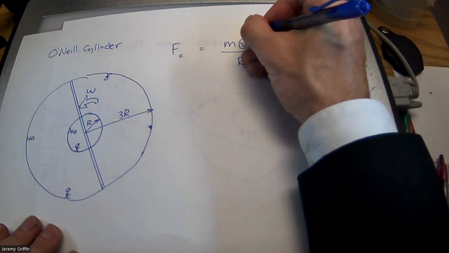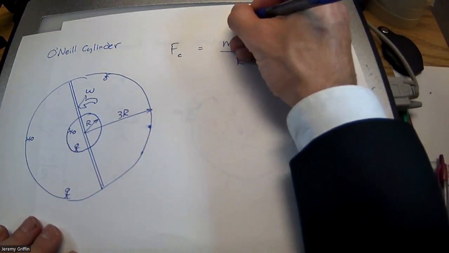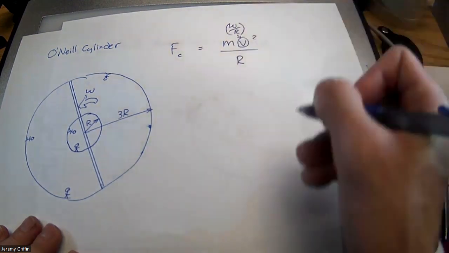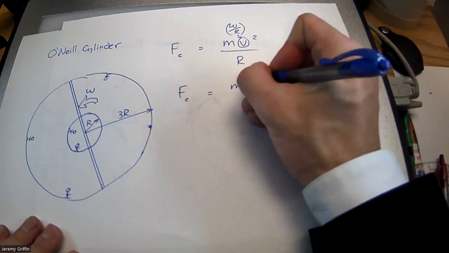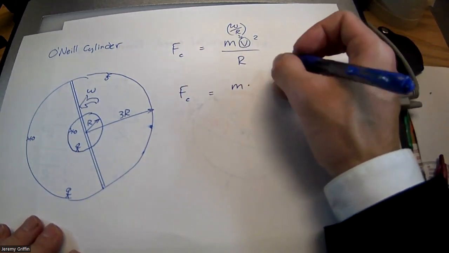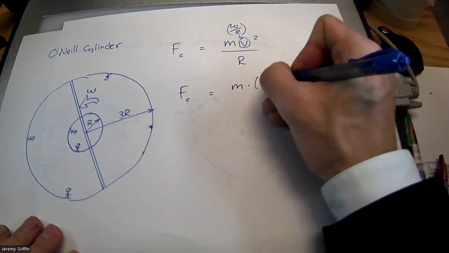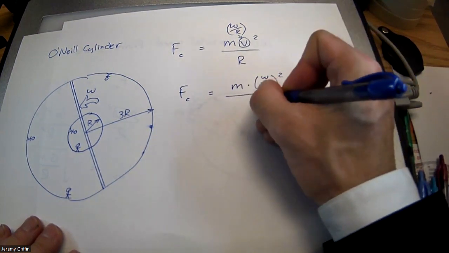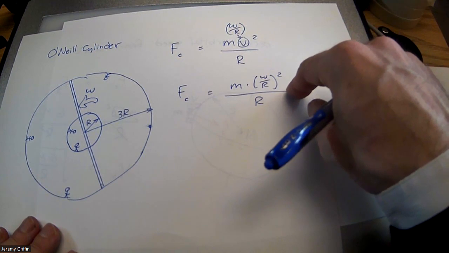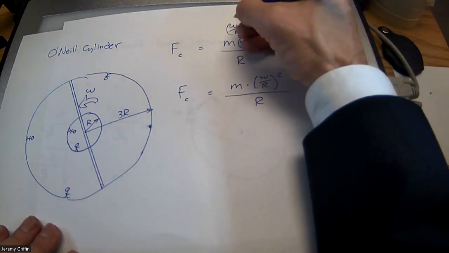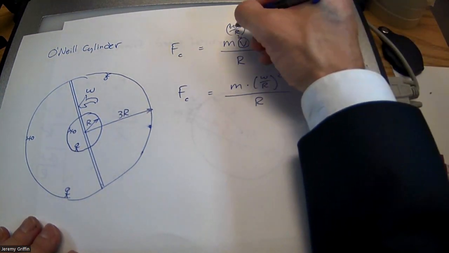Isn't v equal to omega times r? Isn't that true? So I can rewrite this as m times omega times r, quantity squared, all divided by r. Thank you, good catch. You guys caught that right before I did.